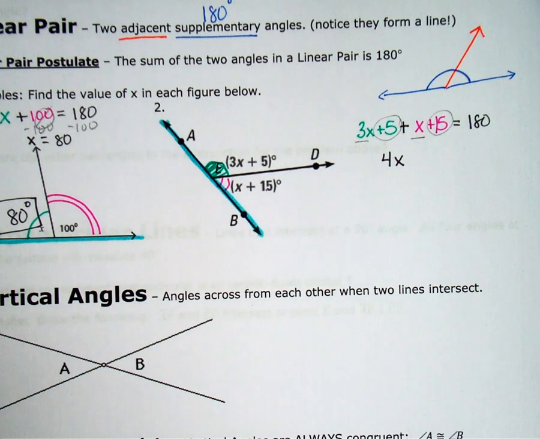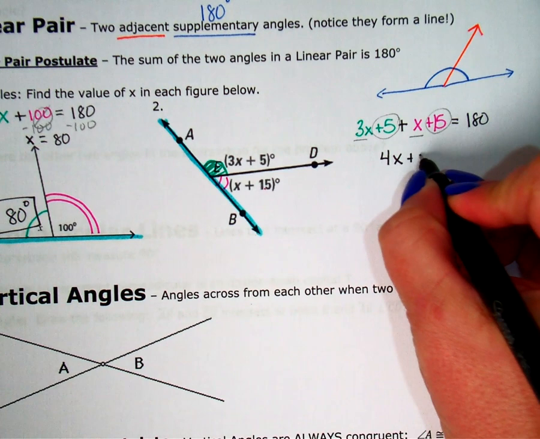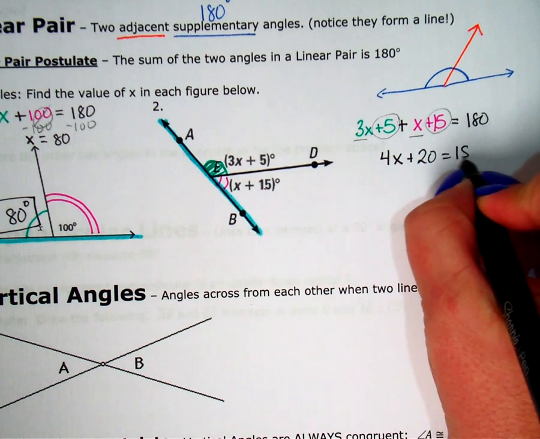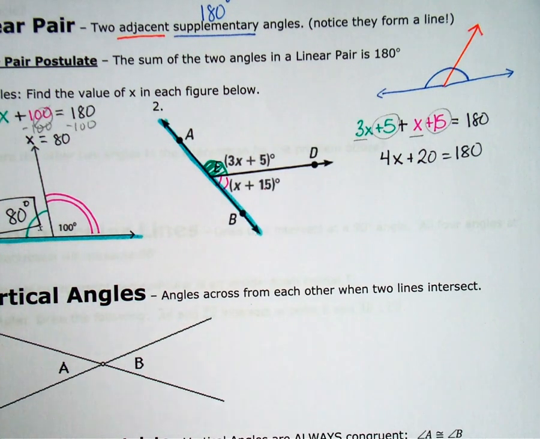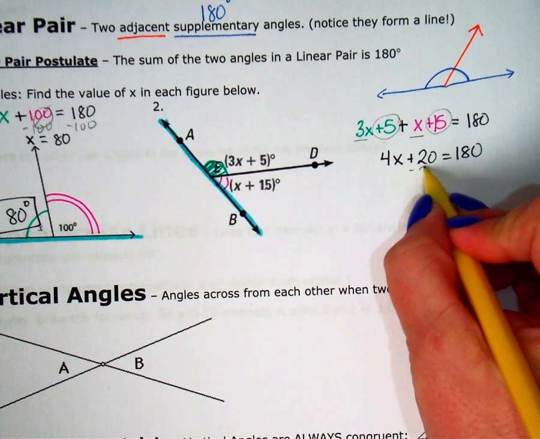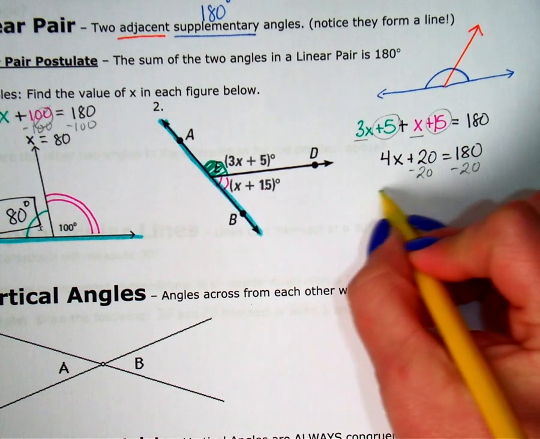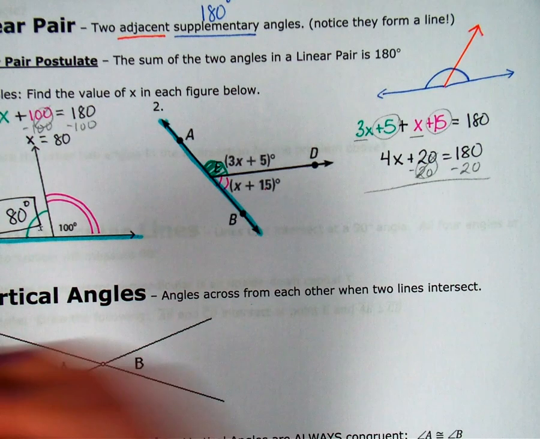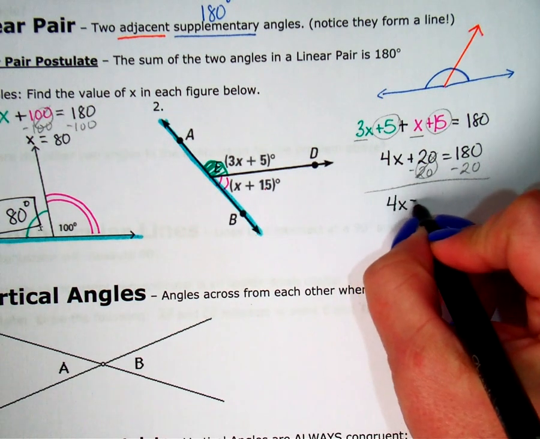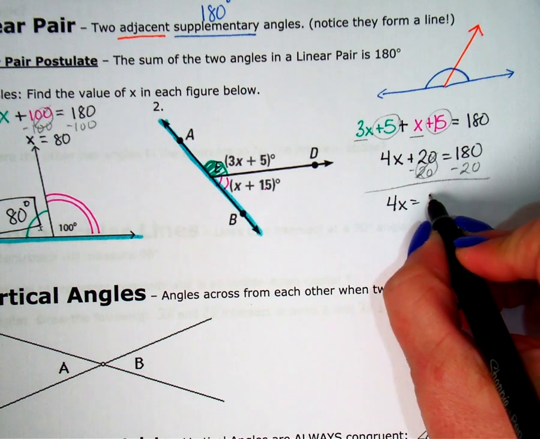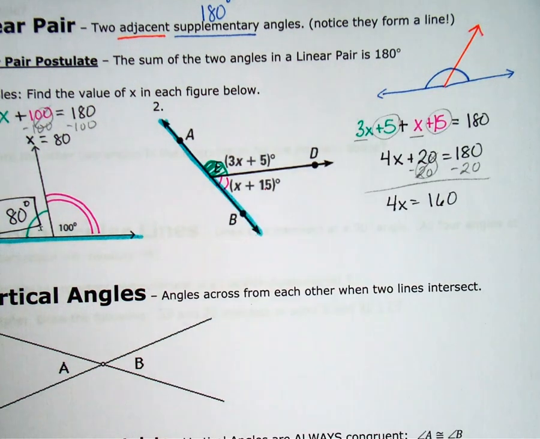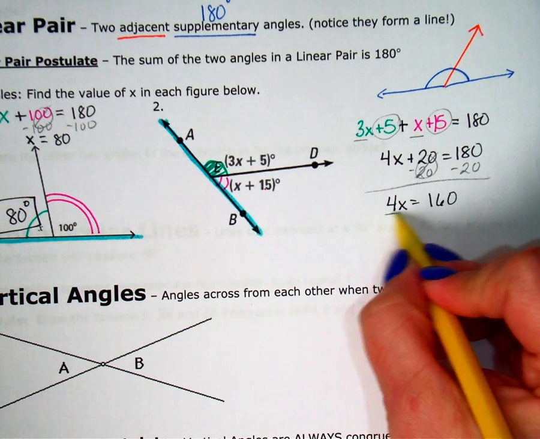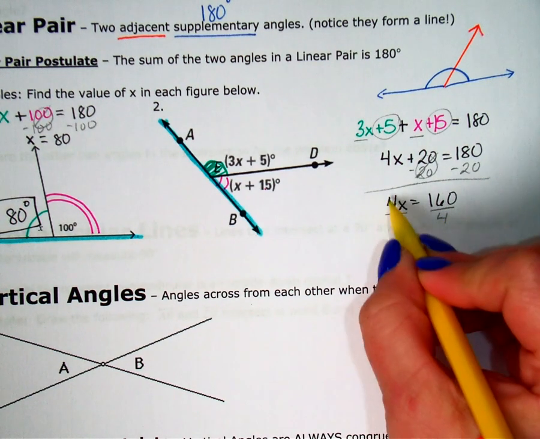So my 5 and my 15 is plus 20, equals 180 degrees. The next thing I need to do is subtract 20 on both sides, and I end up with 4x equals 180 minus 20, which is 160. Divide both sides by 4.